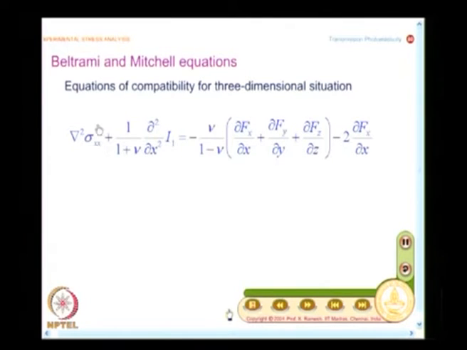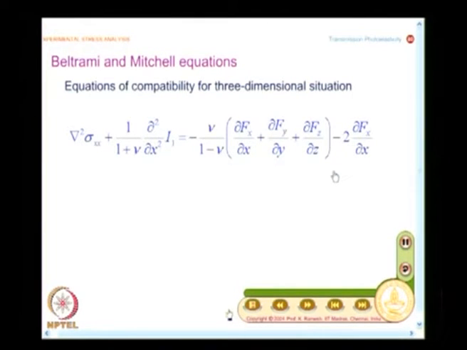So, I have this as del squared sigma xx plus 1 by 1 plus nu dou squared by dou x squared I1, this is the first invariant, that is equal to minus nu by 1 minus nu times dou fx by dou x plus dou fy by dou y plus dou fz by dou z, minus 2 times dou fx by dou x.